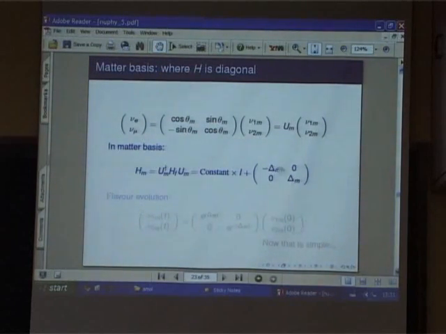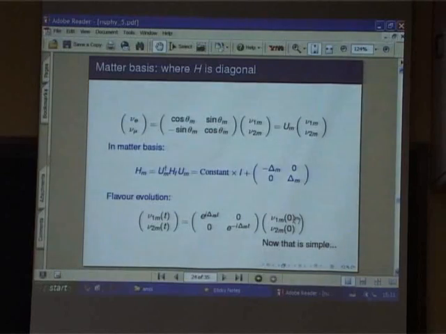Once I find this value of delta m, I can simply write my evolution: nu1m at t will be e to the power i delta m t times nu1m at 0, and nu2m at t will be e to the power minus i delta m t times nu2m at 0. So things are exactly the same as before, except I have added this small suffix m. Therefore, if I am able to find out this value of delta m, then I am done. Very simple.